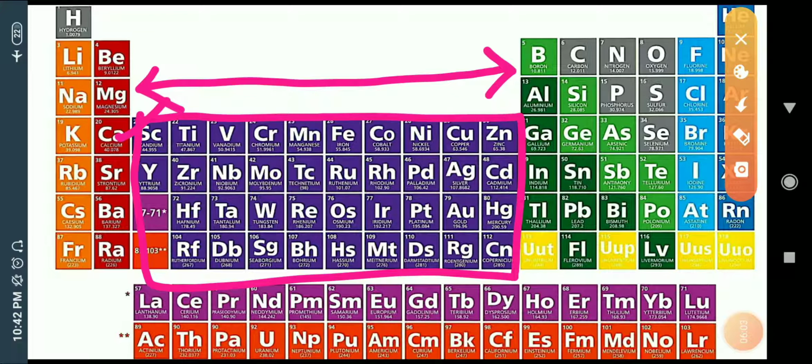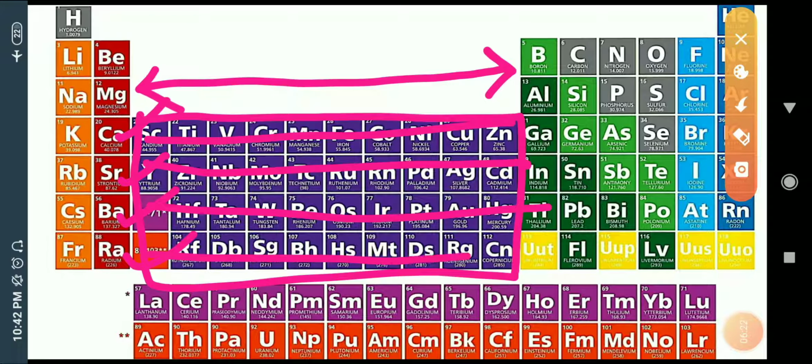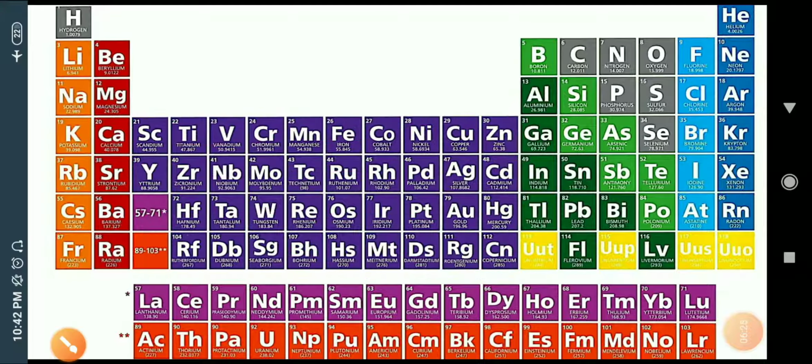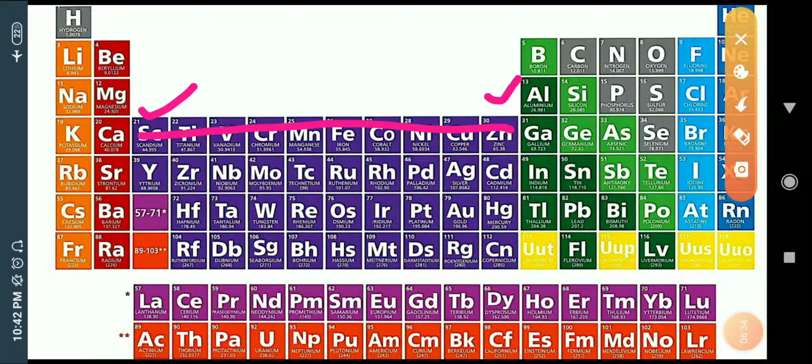First is the 3D series, second is the 4D series, third is the 5D series, and fourth is the 6D series. This is the 3D series from scandium to zinc.